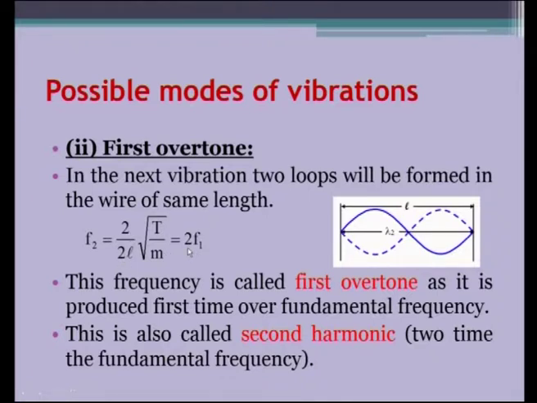So, we are able to find that F2 is 2 times F1. This F2 frequency is called the first overtone as it is produced first over the fundamental frequency. So, we need to know the meaning of the technical terms we use here.